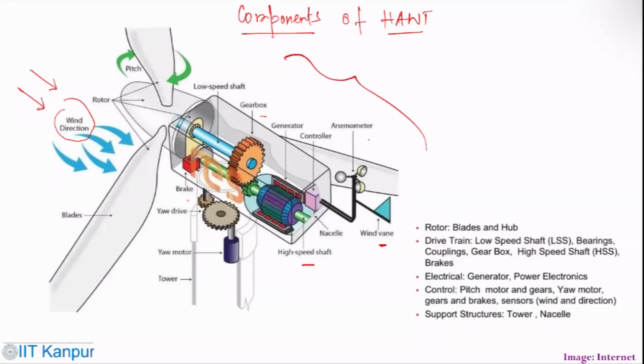The rotor contains the blades and hub. The drivetrain contains the low speed shaft, bearing, coupling, gearbox, and high speed shaft. Electrical components contain the generator and power electronics. Control components contain the pitch motor and gears, yaw motor, gears, and brake sensors.